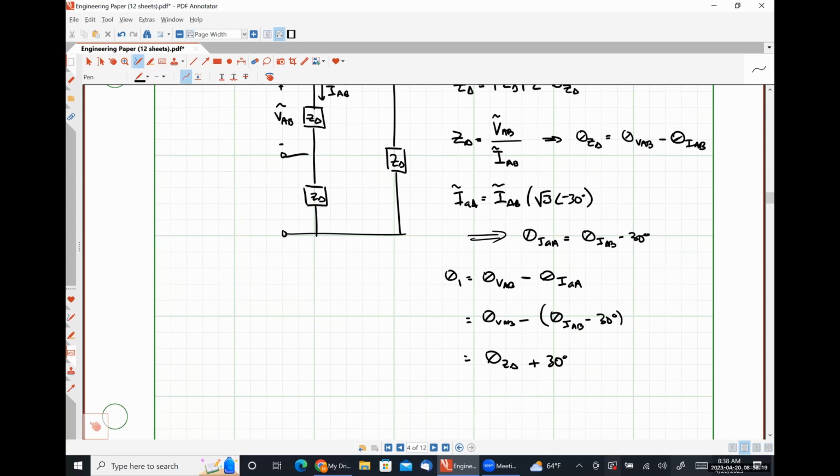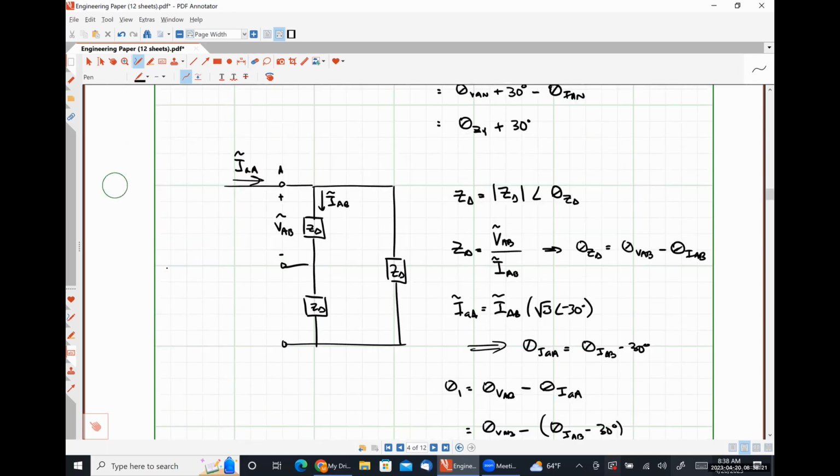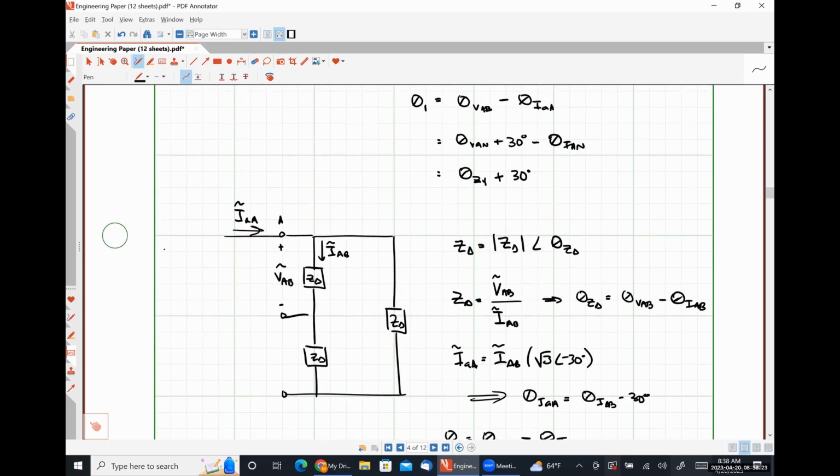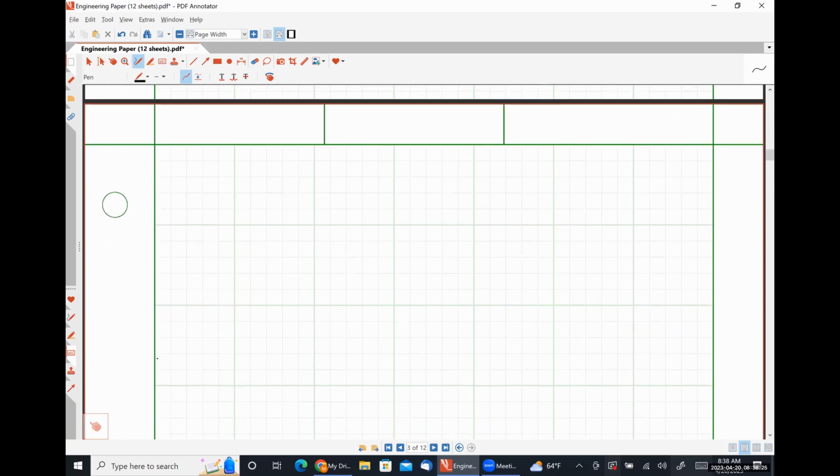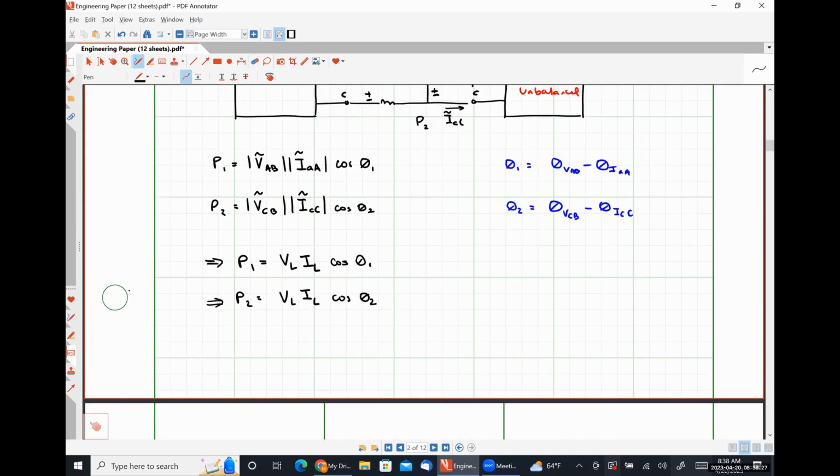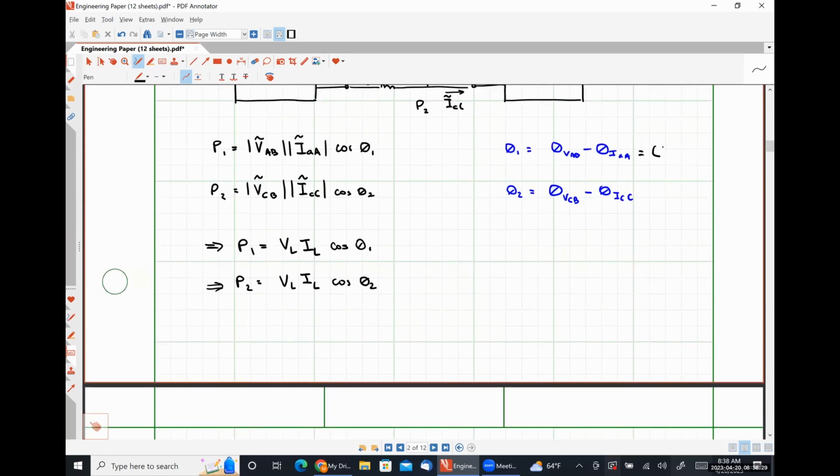So it does not matter what configuration we have, whether it's a Y or a delta. Up here, this is just the angle of the impedance plus 30 degrees, and this is the angle of the impedance minus 30 degrees.